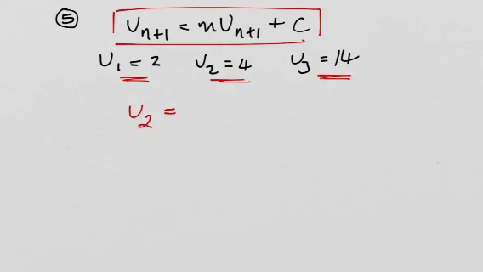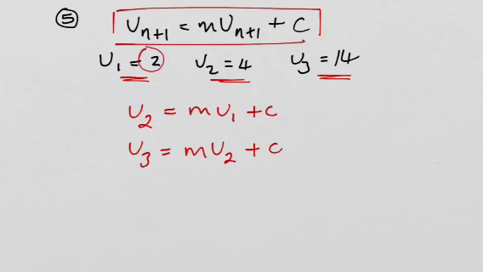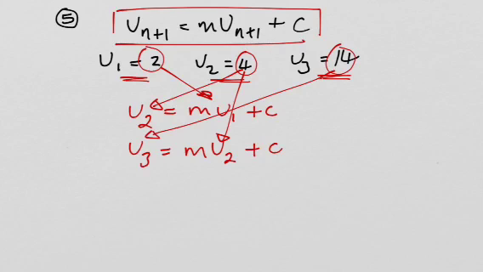If I rewrite u2 as m u1 plus c, and u3 is m u2 plus c, I can plug these numbers in, so u1 goes in here, u2 goes in here and here, and u3 goes in over here. That should make simultaneous equations which I can solve to find m and c.